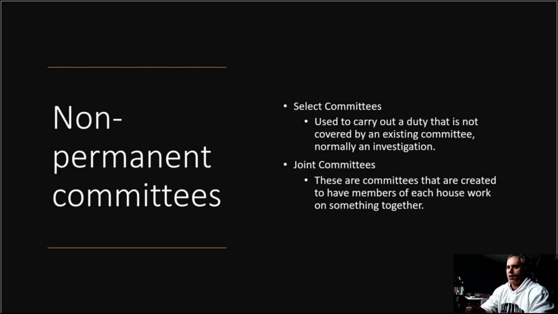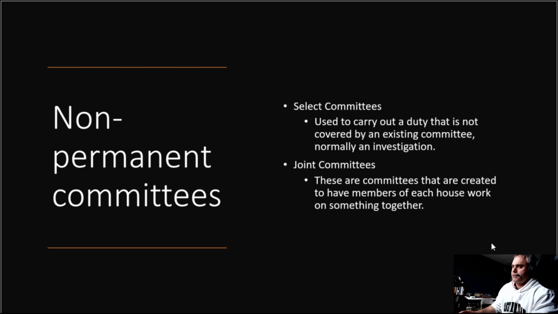Sometimes they're so far apart on what they want to get done that they don't actually get anything done. But that's normally when a joint committee would form, is when you have similar but slightly different bills passed from each House of Congress, and then they try and have one finalized version to then be kicked back to each House of Congress to debate, and then at that point, if they are passed, they would then go to the president for signature or veto.